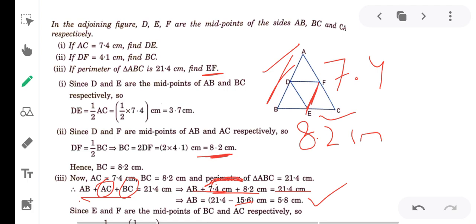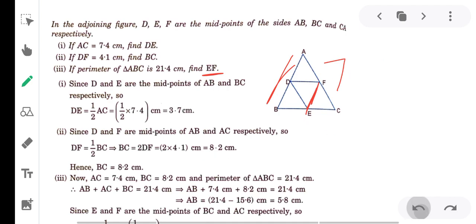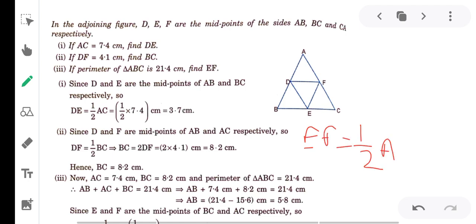Clear? Now if AB is 5.8 centimeter, then EF equal to how much? EF will be half of AB, because F is the midpoint of AC and E is the midpoint of BC.